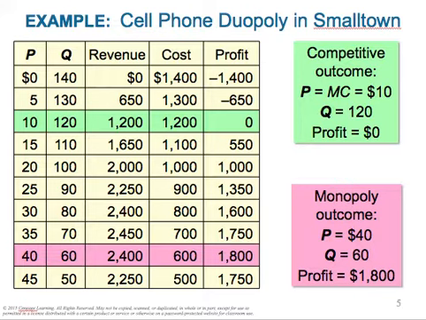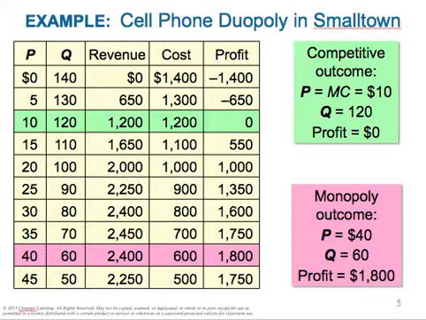But if we compare it to a monopoly outcome, a single firm will produce the quantity where economic profit is maximized. In this example, profit would be maximized at Q equals 60, and the firm would set price at 40 from the demand curve. Okay, so we've laid out what it would be in a competitive outcome and what it would be in a monopoly outcome, chapters we covered previously.